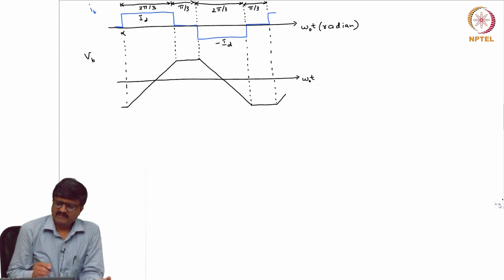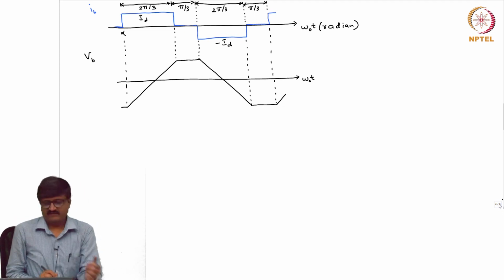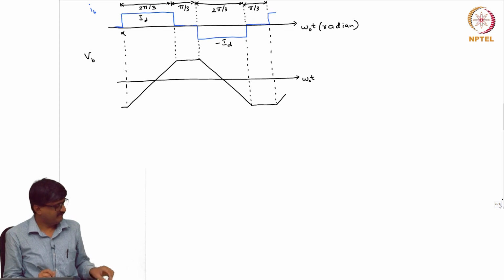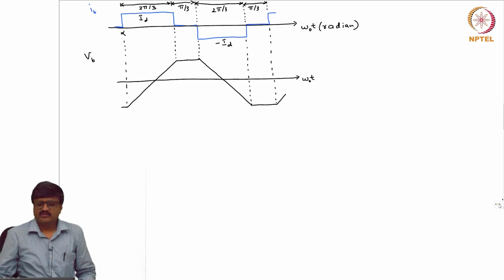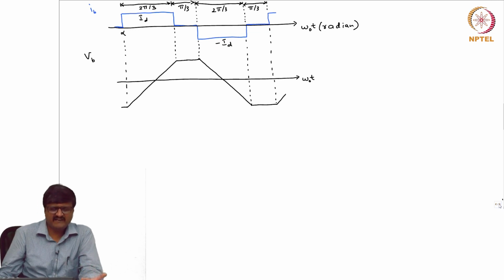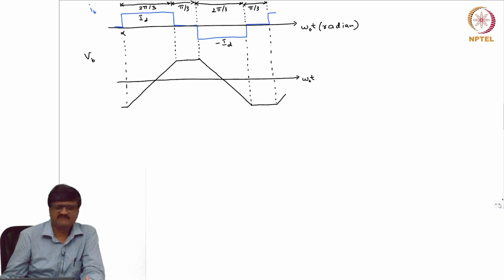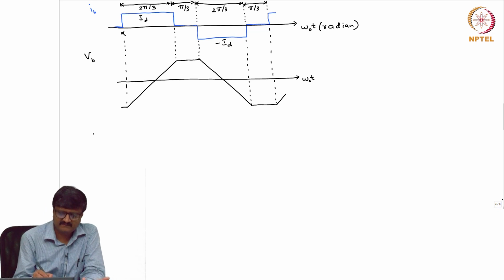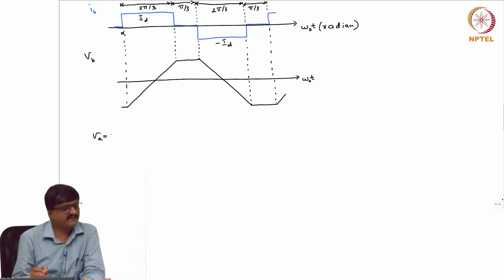So by that argument, VB is a waveform which has a 0 average value. Now the question is, can we get VA, VC? What is VA? Can I get VA, VC waves in terms of VB?